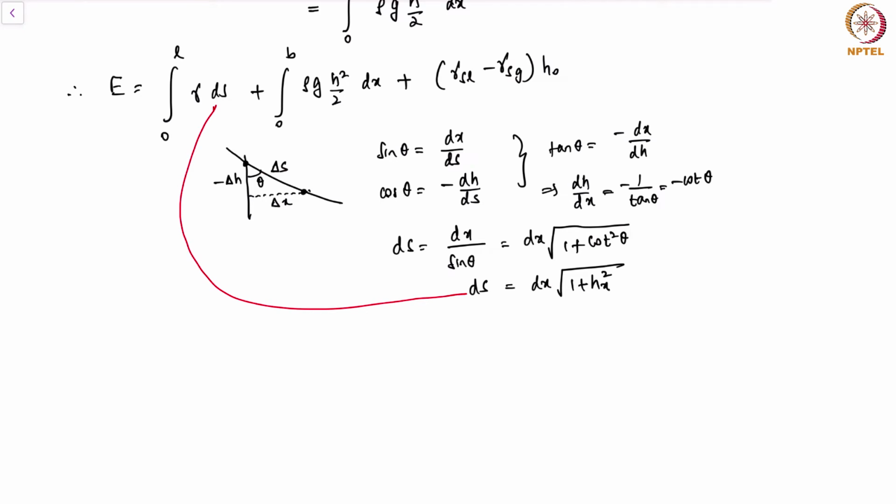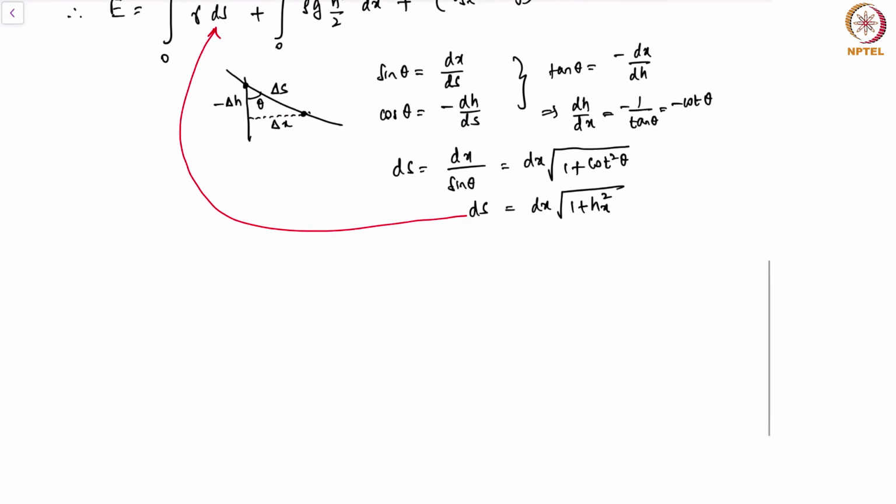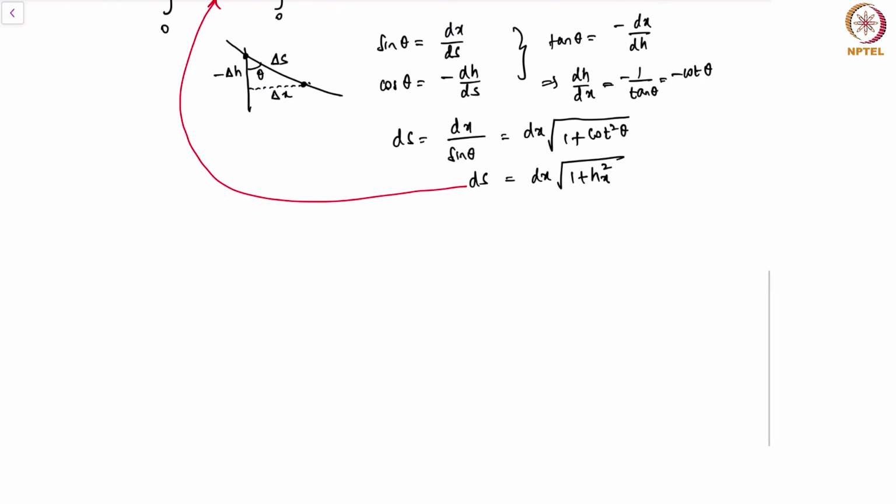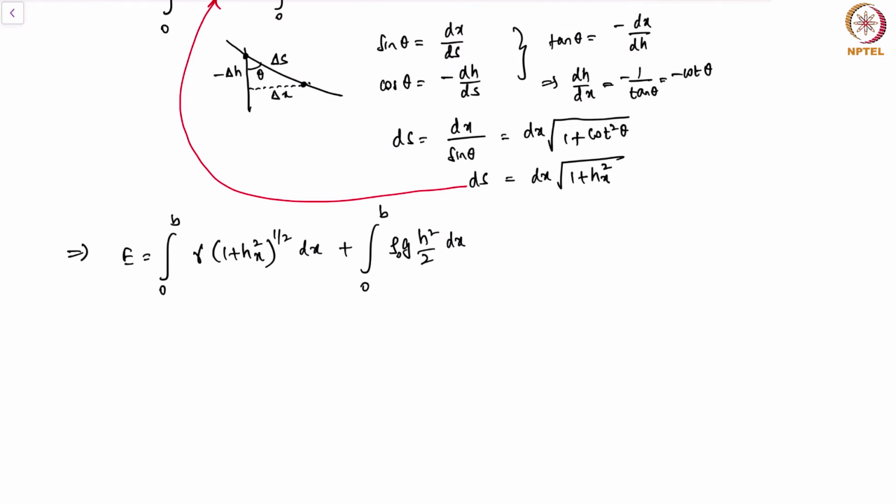I can use this ds in the expression for the surface energy, and so now the integration, instead of going from 0 to L, will go from 0 to B. Therefore E will be the integral from 0 to B of gamma times 1 plus hx squared whole power half dx, plus the integral from 0 to B of rho g h squared by 2 dx.